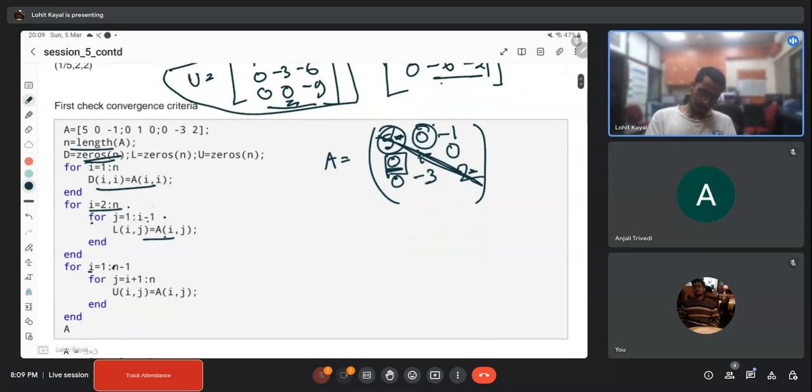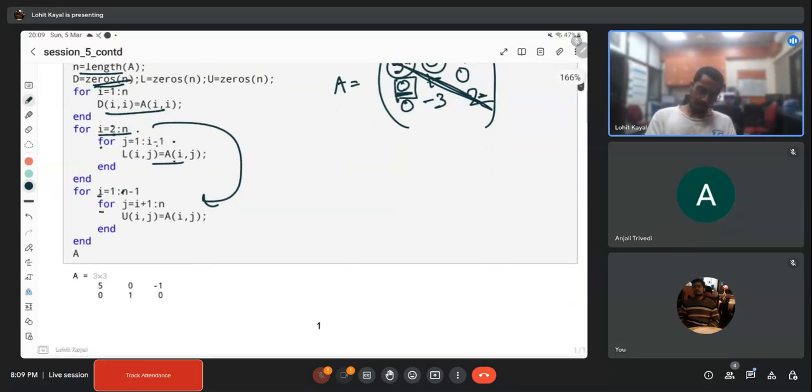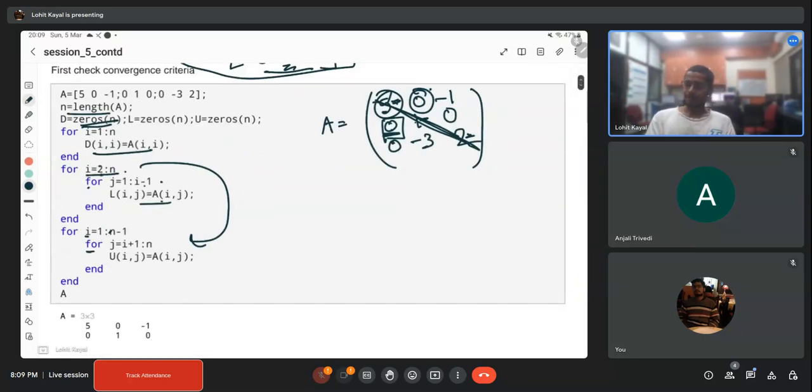You can see the similarity between these. Here I am starting from 2 and going to n. Here I am starting from 1 and going to n minus 1. And here I am starting from i plus 1, because at i there is already an element. Before i, all those elements go to L.